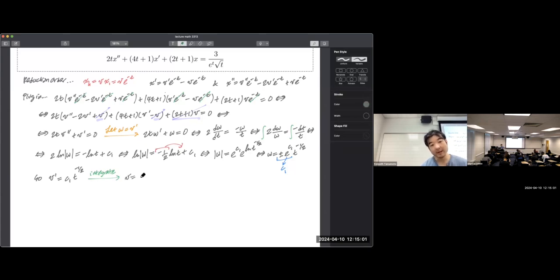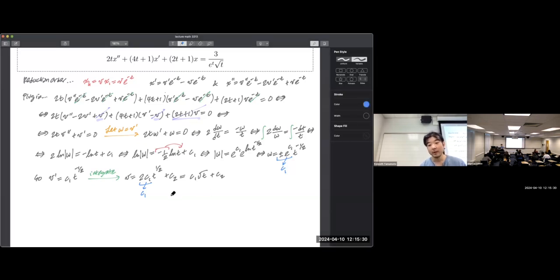And that gives you that the integral of this is 2c1 t to the 1/2, plus c2. There's another integration constant. And then I'm going to redefine this as a new c1. So that leaves us with v is equal to c1 square root of t plus c2. Just t to the 1/2 is square root.